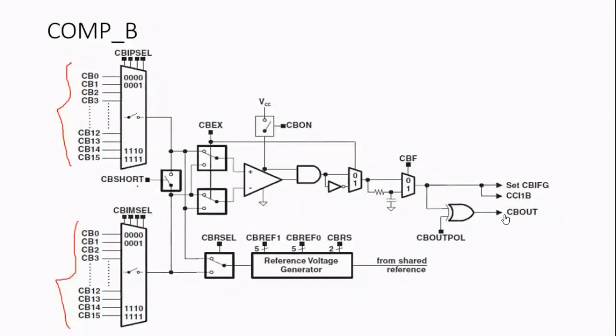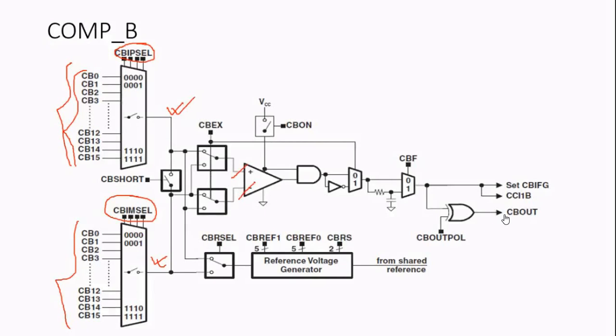With the help of the CBIPSEL bits, you can select any one input at this position, and with the help of the CBIMSEL bits, you can select any one input at this position, for the positive terminal and for the negative terminal.